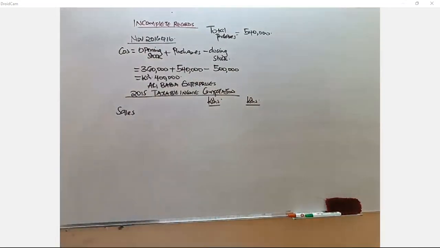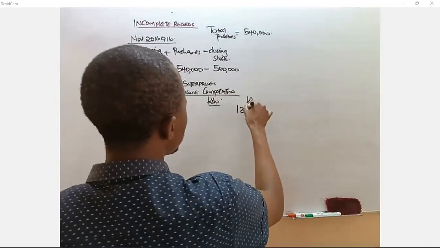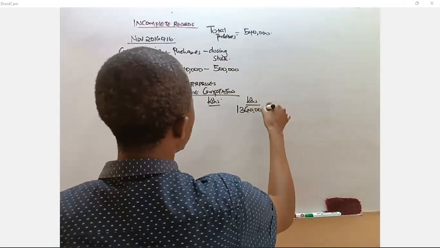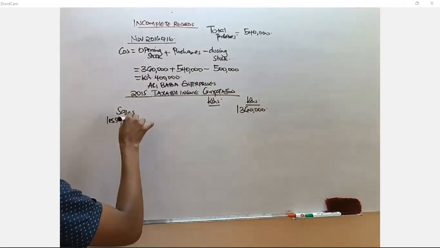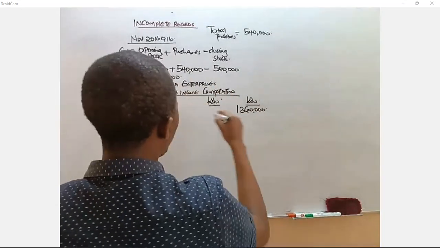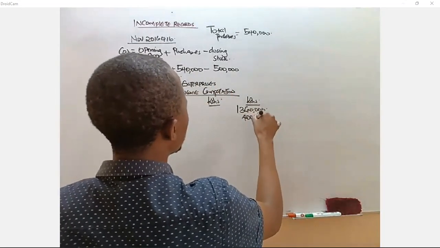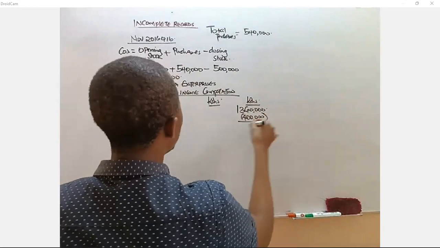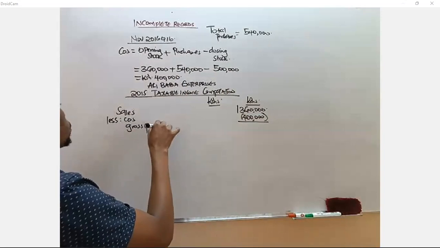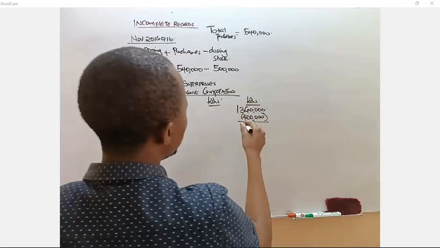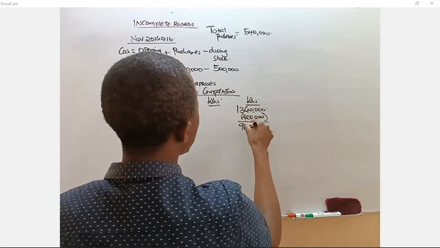The sales which we were able to compute amounted to 1,360,000 here. We less our cost of sales, which we got as around 400,000. What will be my gross profit? My gross profit should be 960,000.